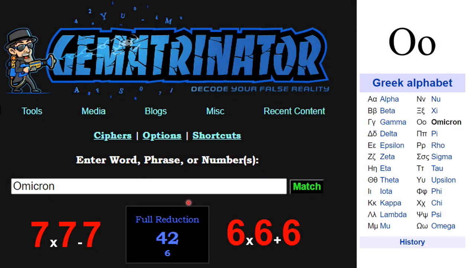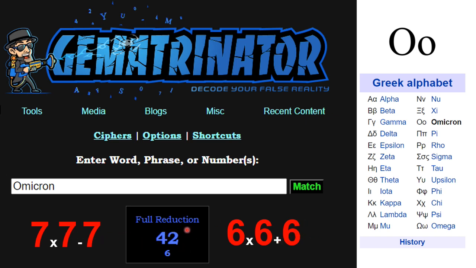And Omicron in Pythagorean numerology, or English full reduction, is 42. 42 is a very, very popular number because it is 7 times 7 for 49 minus 7 for 42, and 6 by 6 for 36 plus 6 for 42.